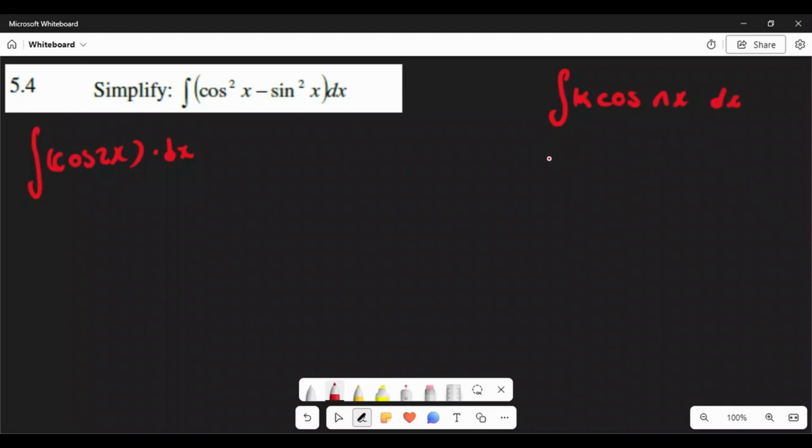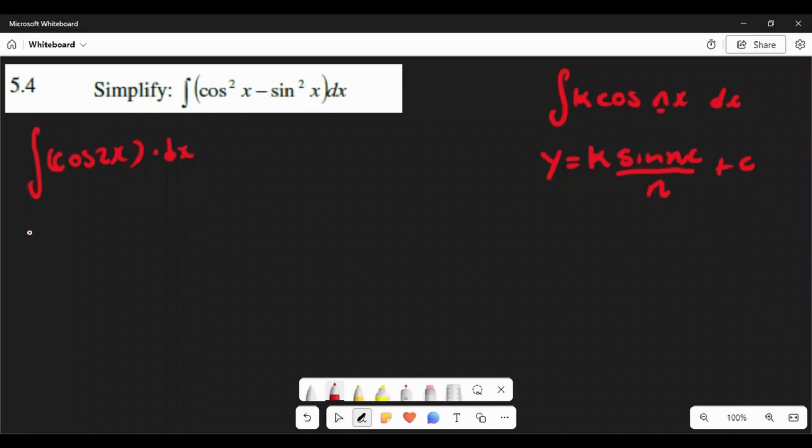Do not forget that the integral is going to be k, and then what is the integral of cos? It's going to be sine nx divided by n plus c. Remember, whenever we are integrating the trigonometric ratio, we always divide by this n here, the coefficient of x. People tend to forget that.